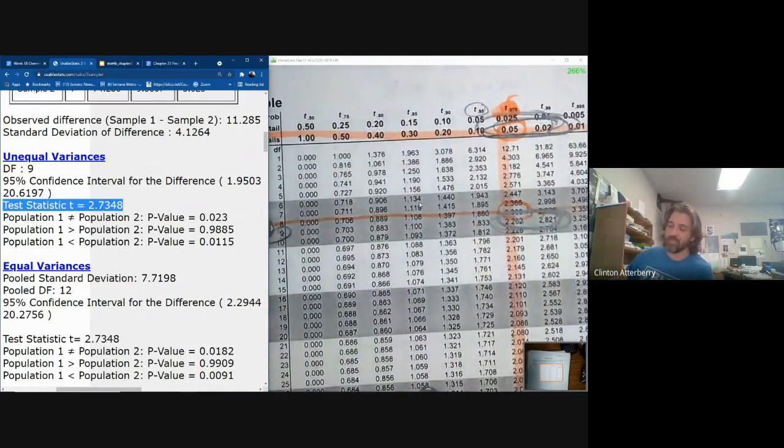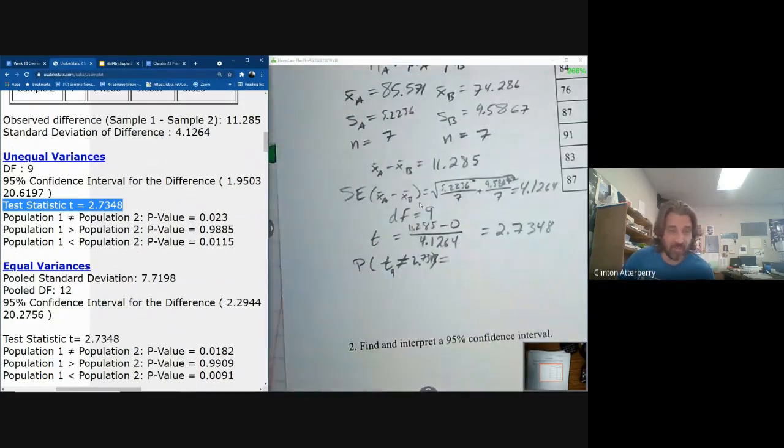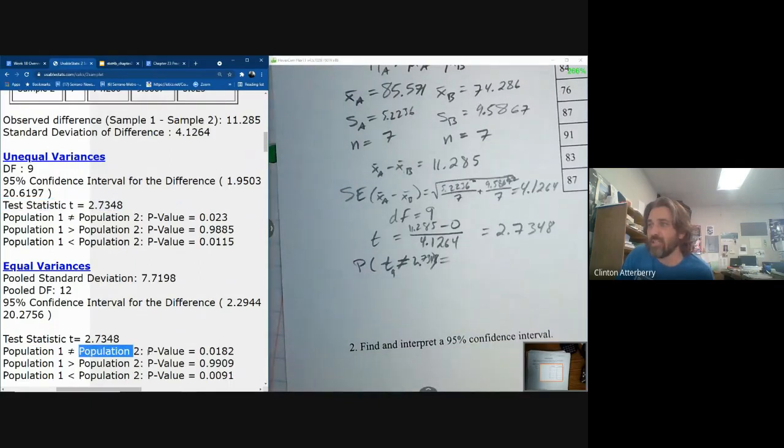Regardless, you can calculate it through a certain method. We're not going to do that by hand, but if you look at this, it says population 1 is not equal to population 2. The p-value is 0.182.